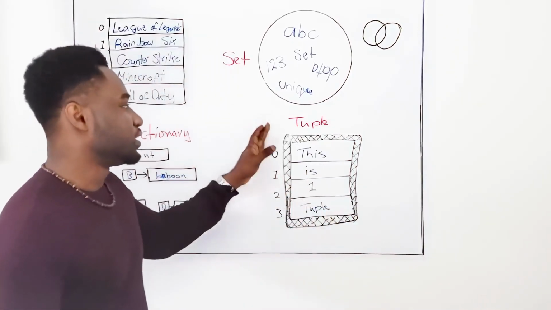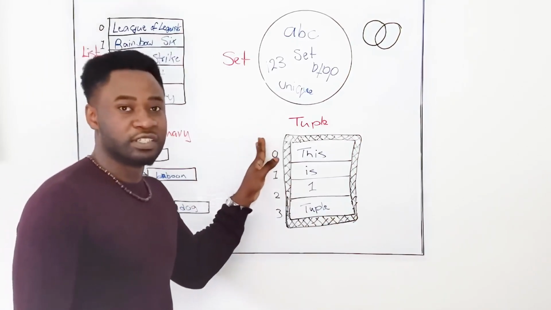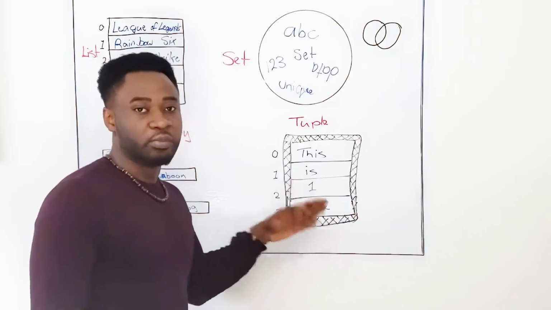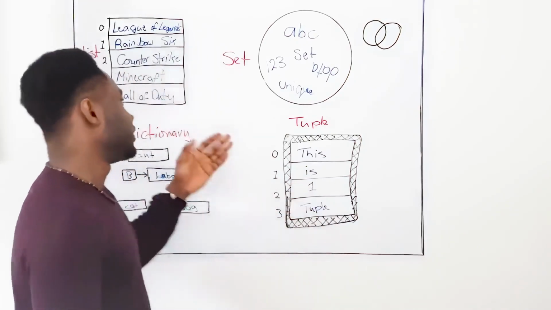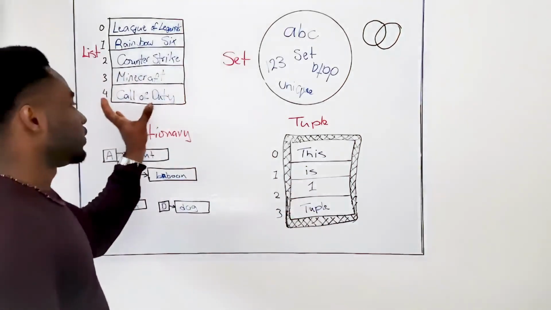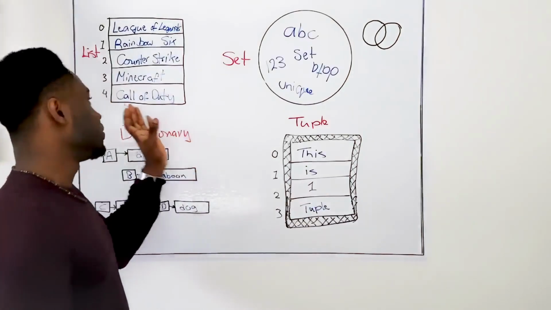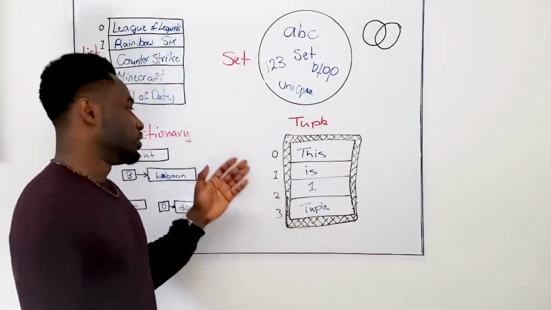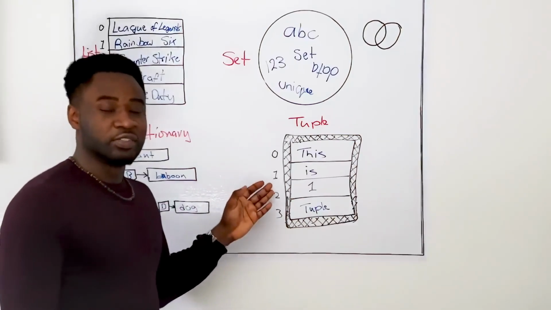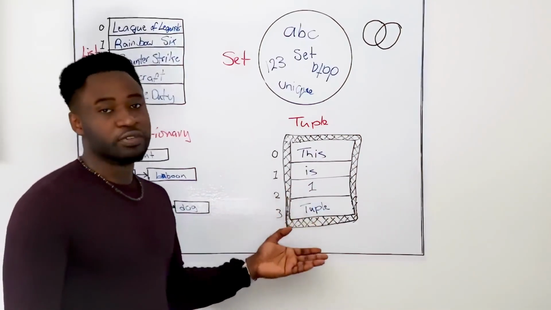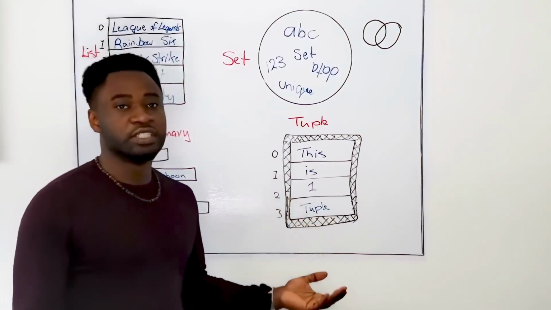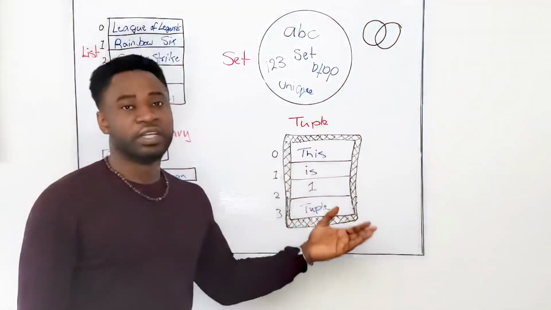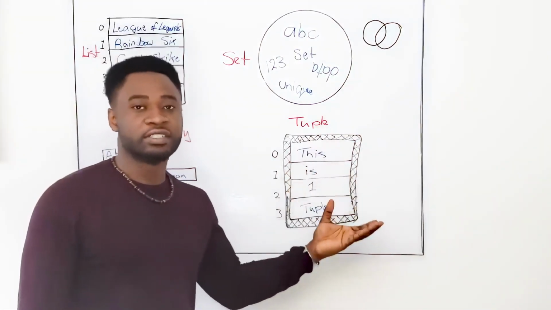And this is more efficient, or it uses a lot less memory in your computer. However, because of the nature of a list, a list will use much more memory than this would. So this is useful if the data that you're using, you know that it's not going to be changing anytime soon, or you know that you're not going to be adding more data to that object, okay?